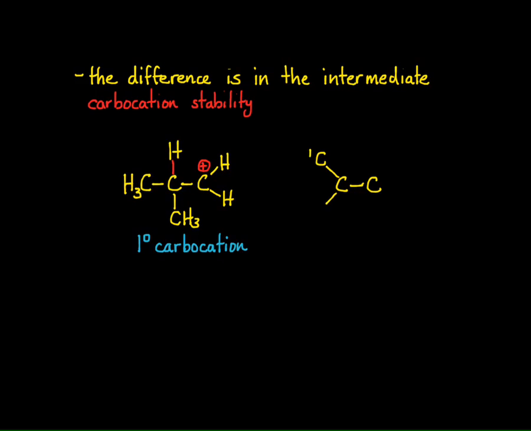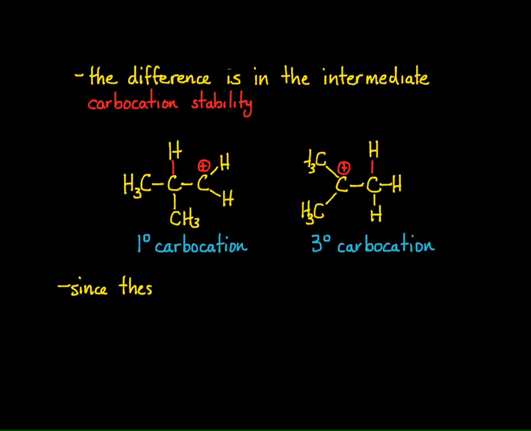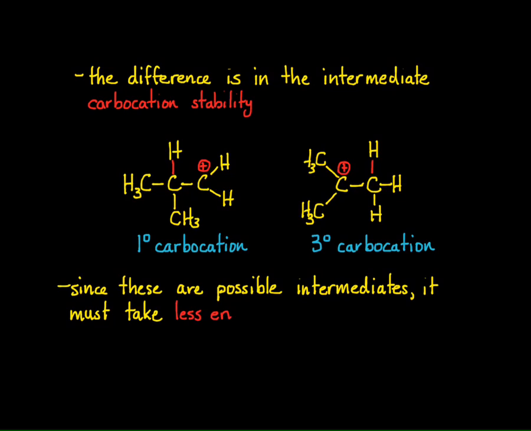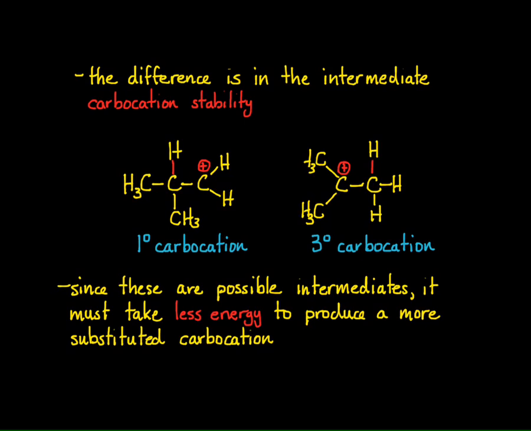In the second pathway, the carbocation that formed looks like this, right? Now, this is a tertiary carbocation because there are three carbons attached to it. And what we discover is that, since these are the two possible intermediates, it must take less energy to produce a more substituted tertiary carbocation.